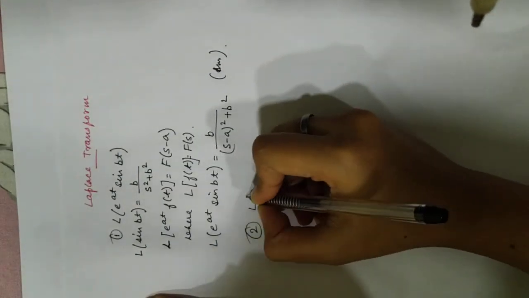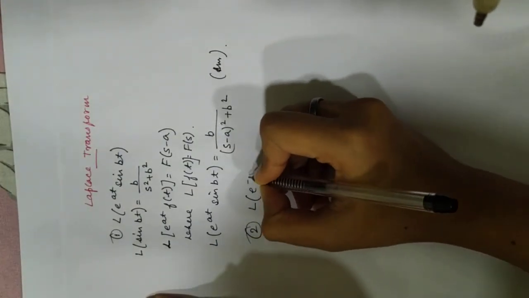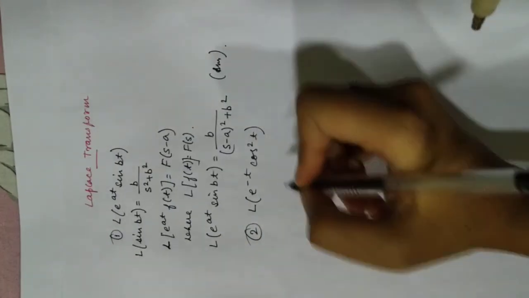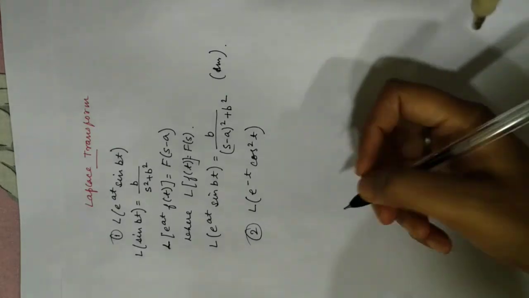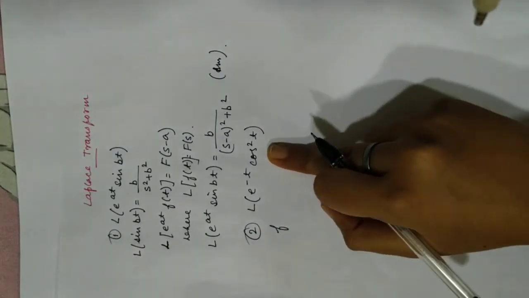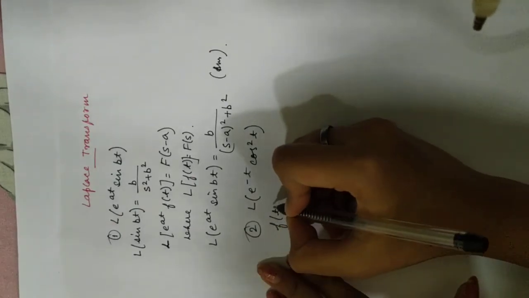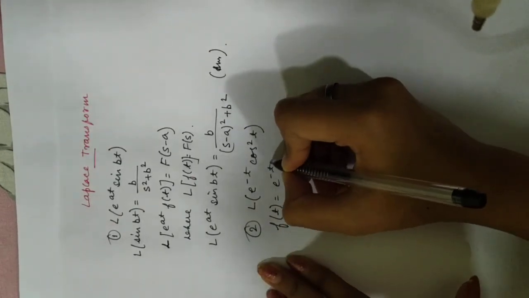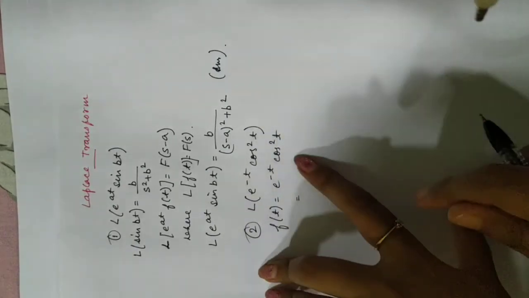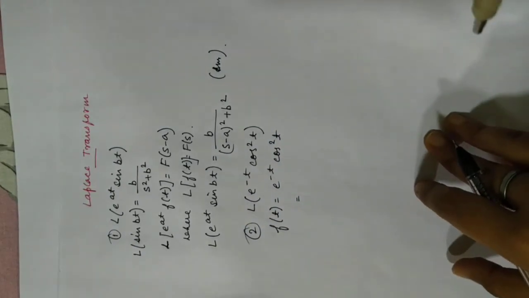The second problem was, find the Laplace transform of e to the power minus t cos square t. Even this is not that tricky. All you need to do is change the cos square term into a cos term, right? So over here we have f t is equal to e to the power minus t cos square t. Like we know, 2 cos square theta is equal to 1 plus cos 2 theta.